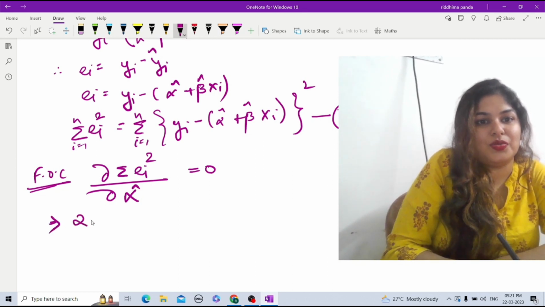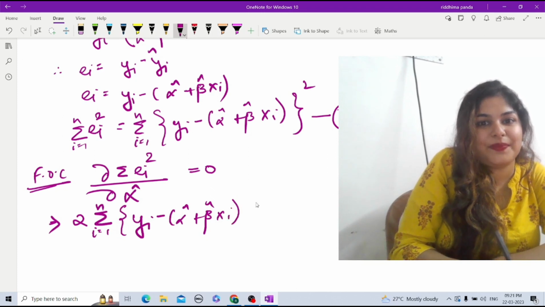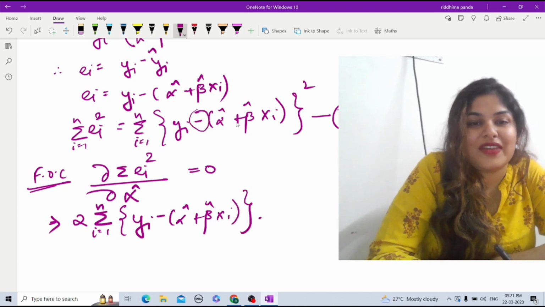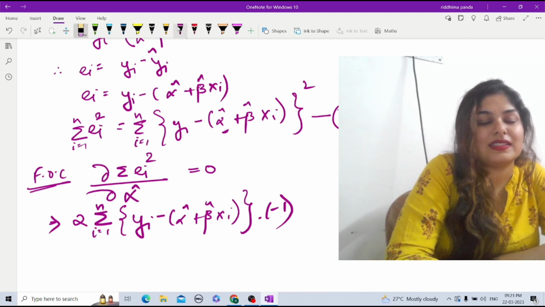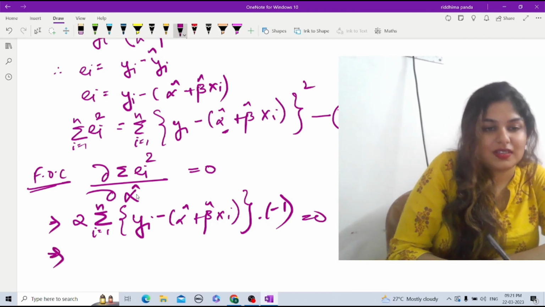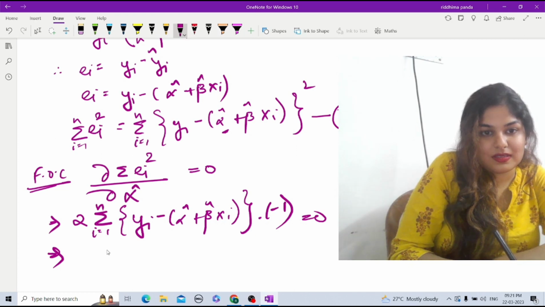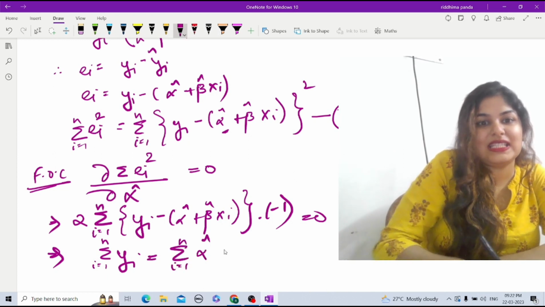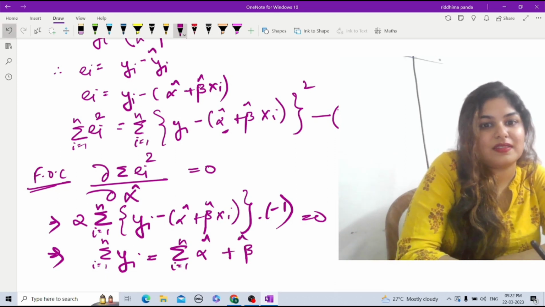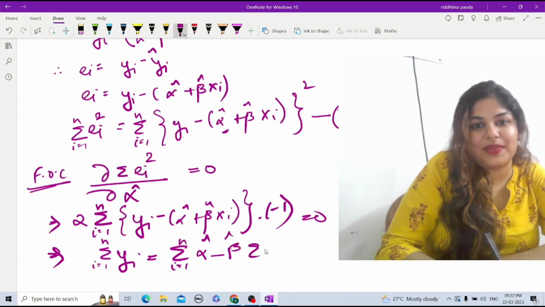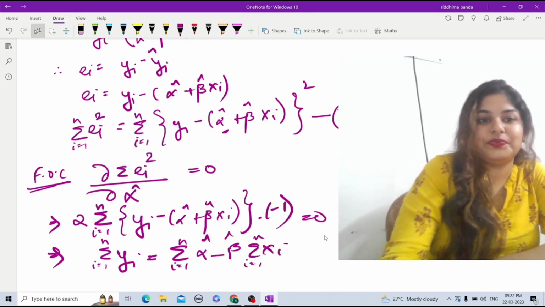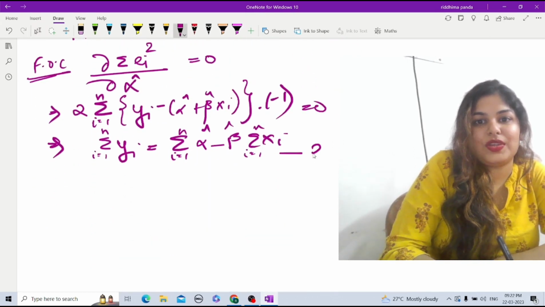This implies 2 summation i equals 1 to n of (yi minus alpha hat minus beta hat xi) into minus 1, since I have minus 1 with the alpha hat. This equals 0, or summation yi equals n alpha hat plus beta hat summation xi. I can say this is equation number 2.